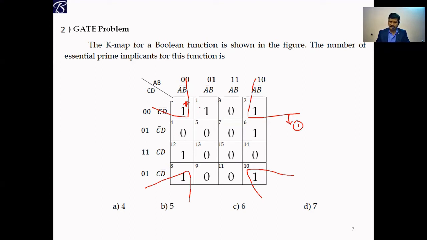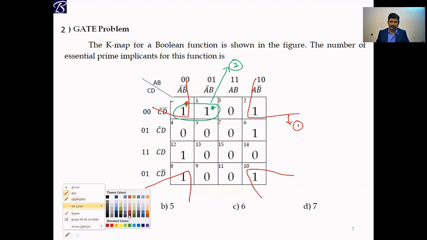Coming to the next one, cell number 1, 2. This is also essential because only one pair is possible. Coming to the next one, cell number 6. If you observe, how many possibilities are there?